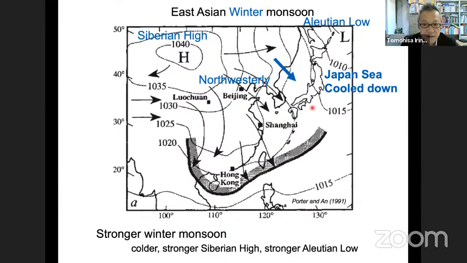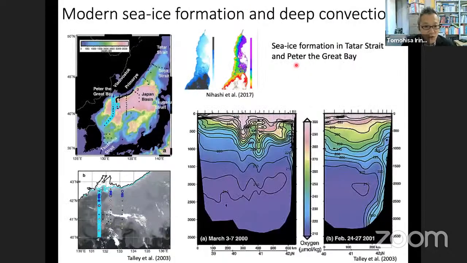Because of the Siberian high, the pressure difference between the Siberian high and the Aleutian low promotes a very strong cold wind, which cools down the ocean and produces many oceanographic phenomena in the Japan Sea basin. The most typical one is probably sea ice formation.